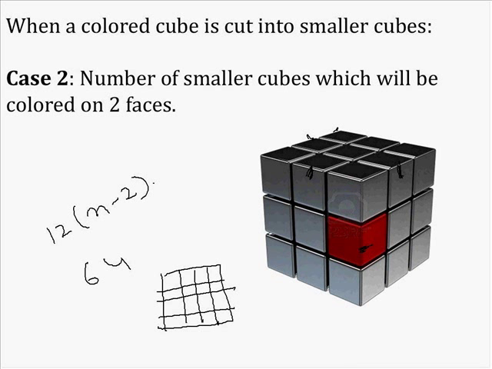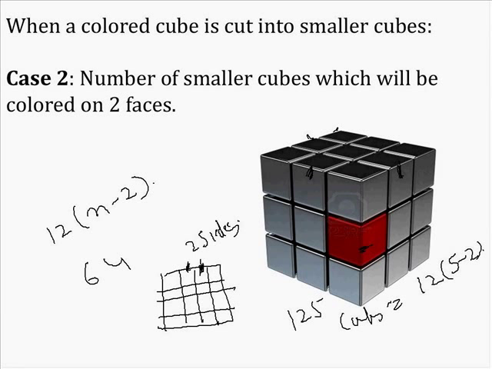You see there are 12 edges. So on each edge, these 2 will be 2 sides colored. And there are 12 edges, so therefore it is multiplied by 12. And this will become n minus 2. If it is cut into 125 cubes, the number will be 12 into 5 minus 2. That is 36. I hope everybody has understood what I'm trying to teach everybody. It's clear.